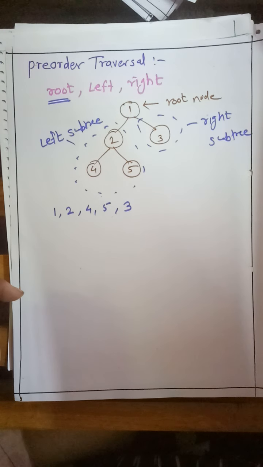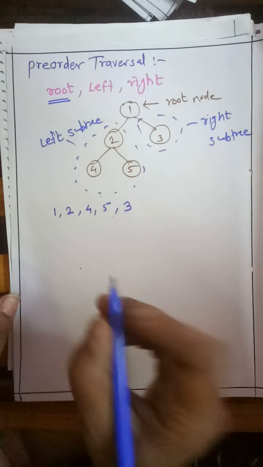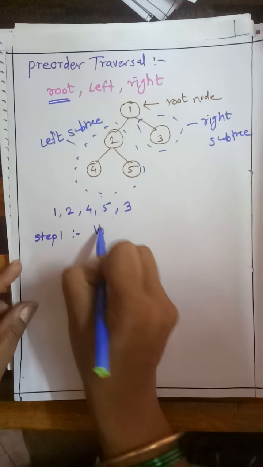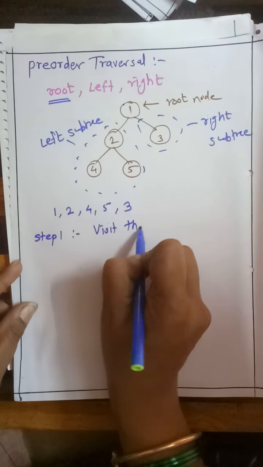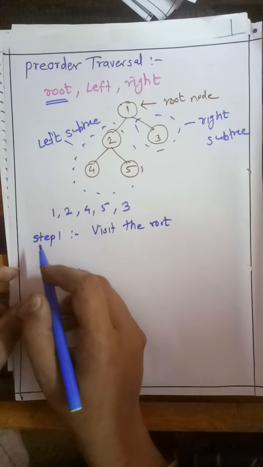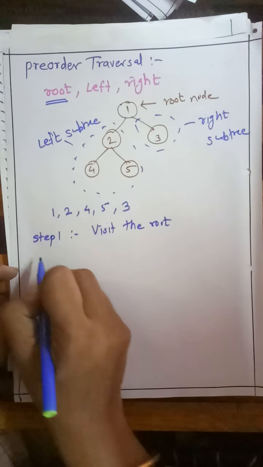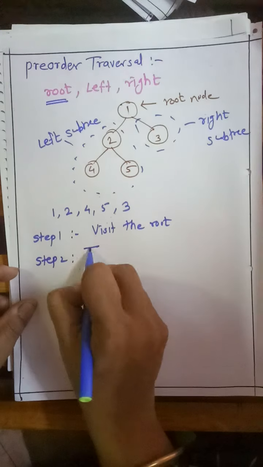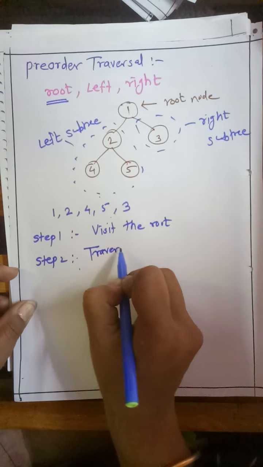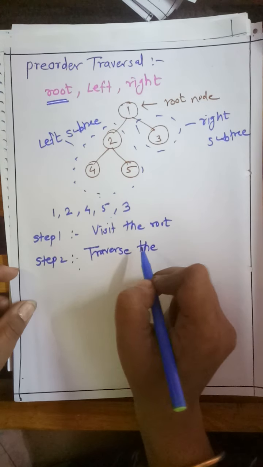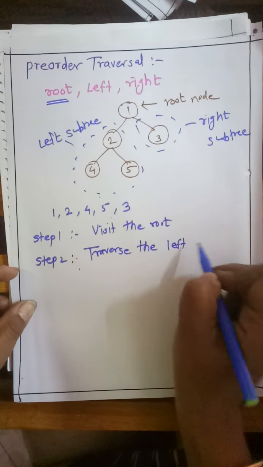Now what is the algorithm of pre-order traversal? The first step is to visit the root node. The second step is to traverse the left subtree.